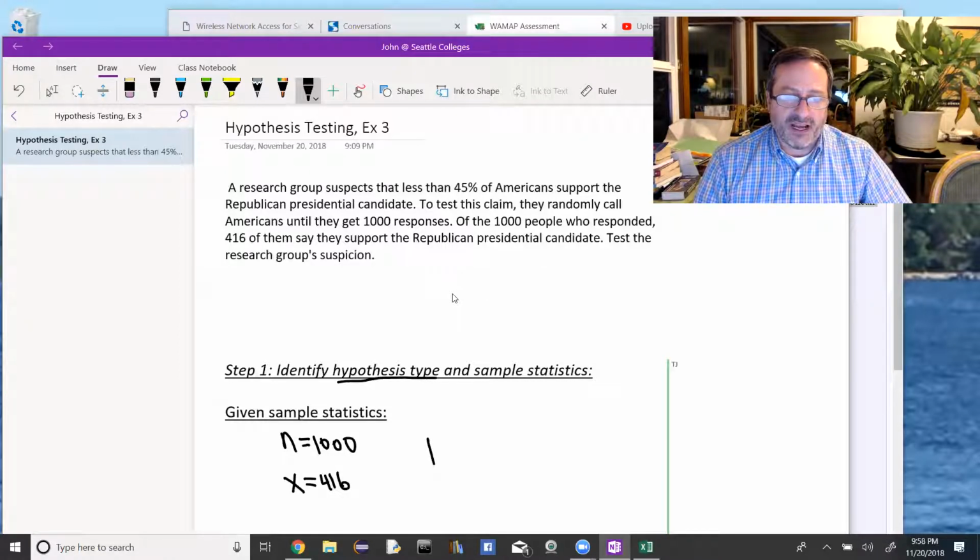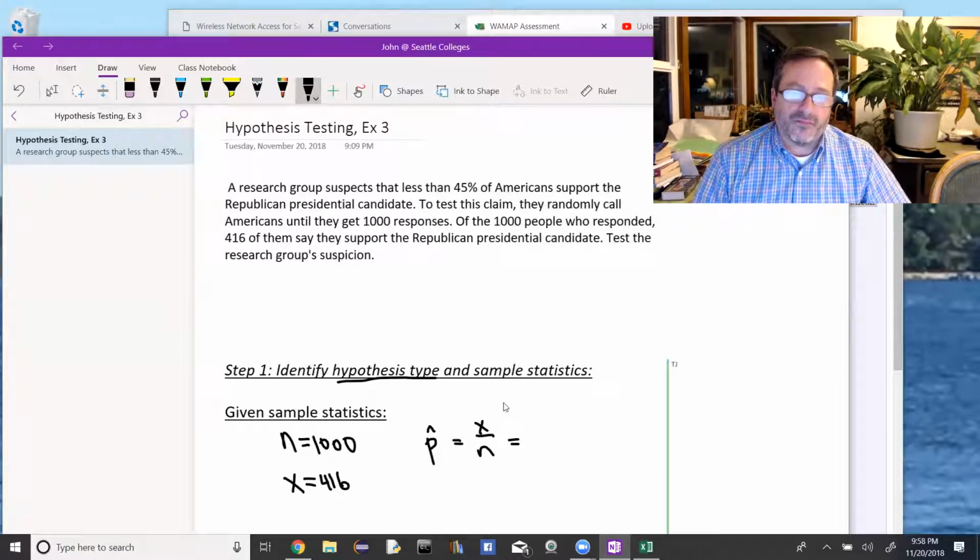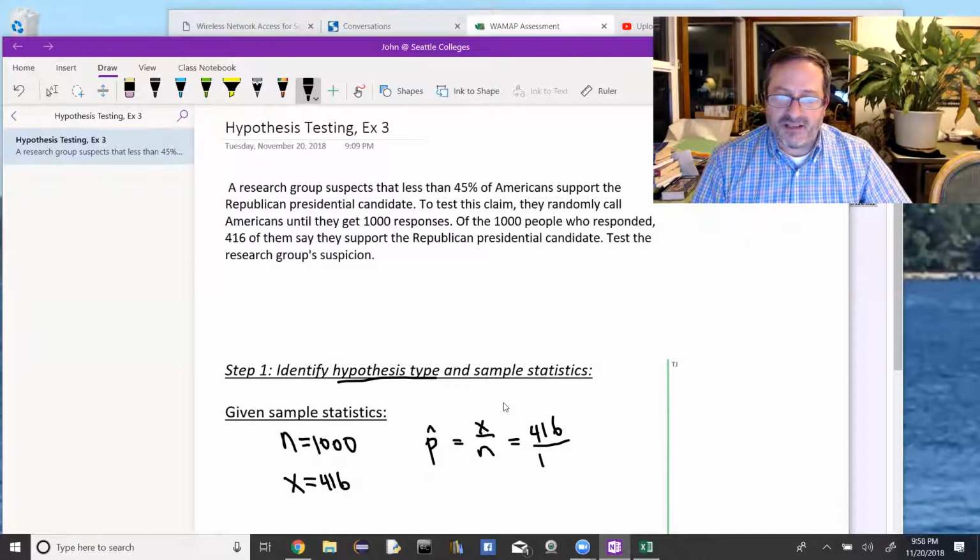So we need to find p hat, and that's always x over n, and that's 416 divided by 1,000. And then, because we're just dividing by 1,000 here, there will be no rounding if I convert this to a decimal. So I'm going to convert that to 0.416.